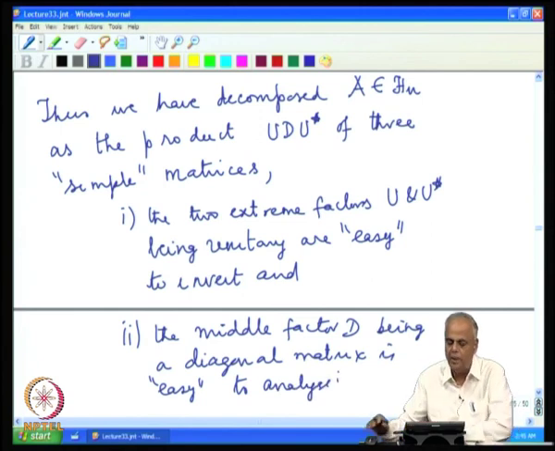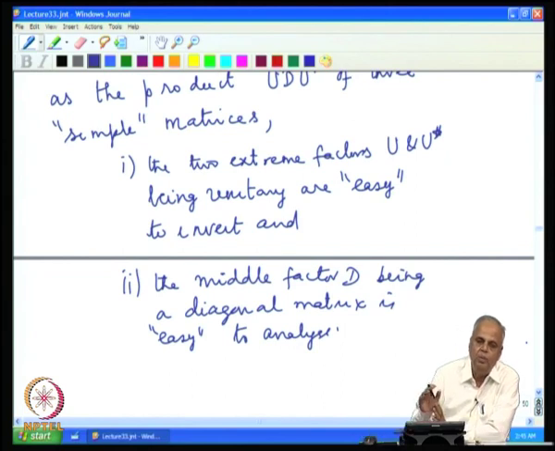So, there is a nice splitting of the matrix into simple factors.